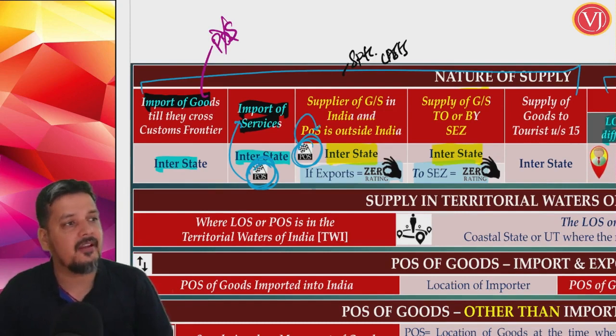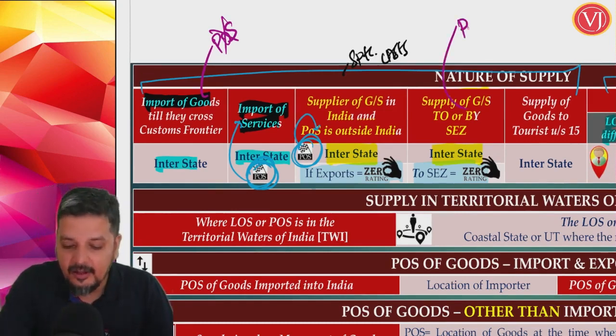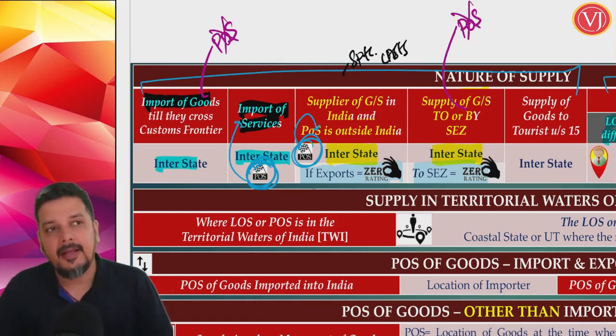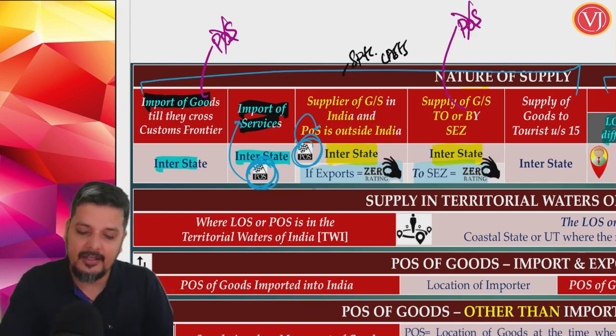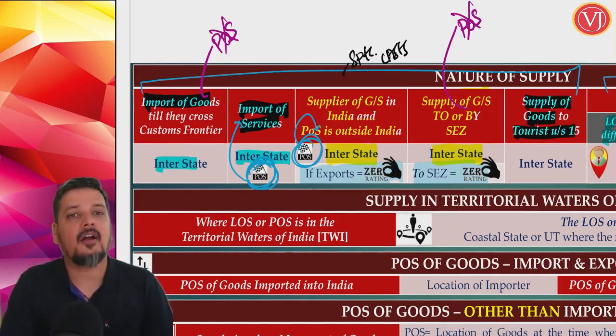By default, it is IGST. If it is supply by SEZ or supply to SEZ, you need not find place of supply. By default, it is IGST.